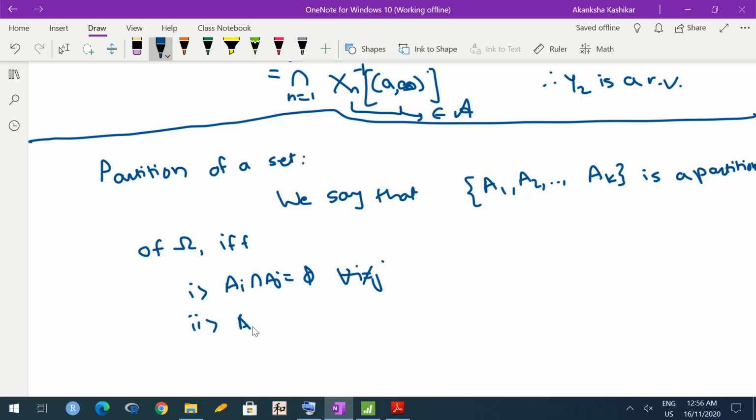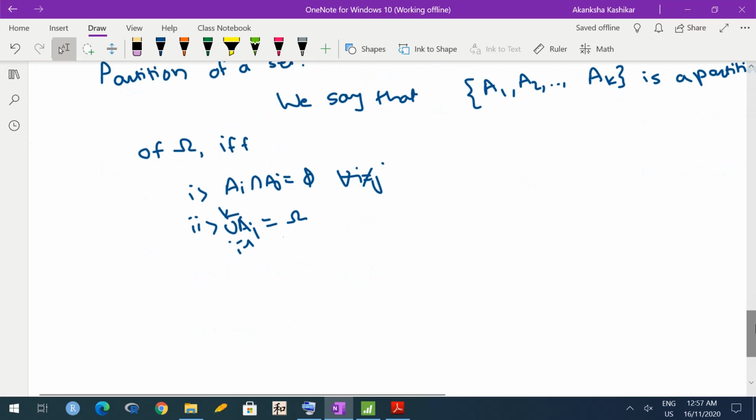And the union of Ai over i going from 1 to k should be the entire omega. That is, they should be mutually exclusive and exhaustive. Is it okay? This is how we define a partition.